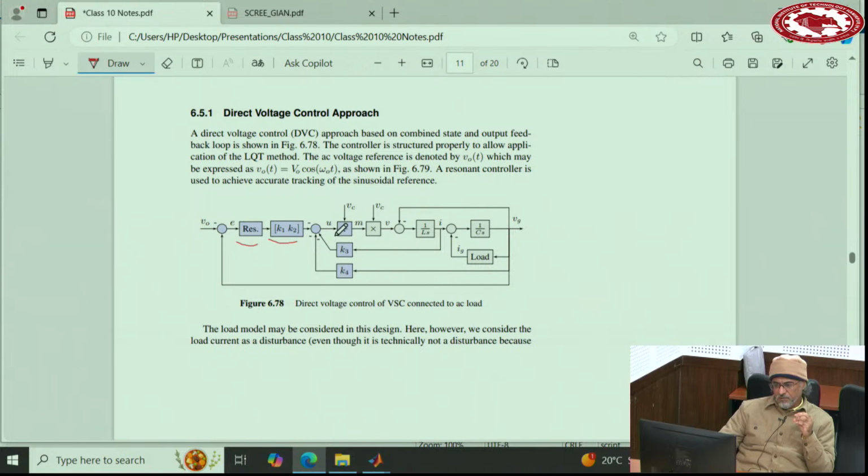I will use a linearizing term at the input to cancel this nonlinear term. Then everything is linear time invariant, and I can use optimal control to design K1, K2, K3, K4. No problem.